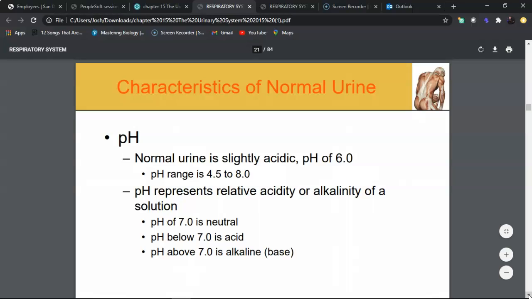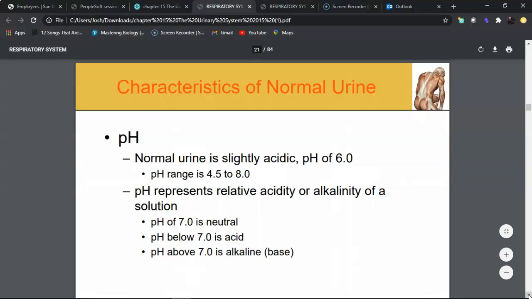Then we can also look at pH. pH stands for the potential of hydrogen ions, and this measures either the acidity or the alkalinity of urine, okay? A pH of 7 is considered completely neutral. That's what we find within our blood for the most part, and our cytoplasm within the cells sits along that line.